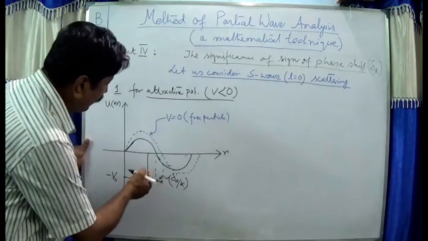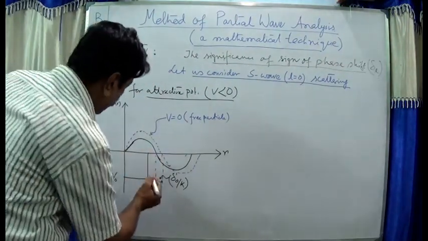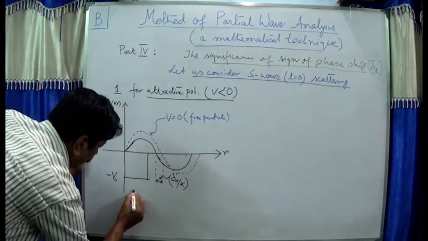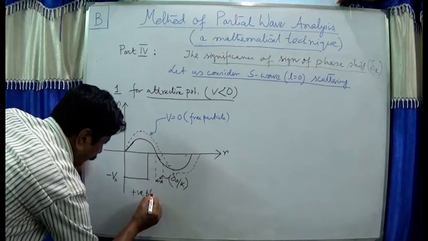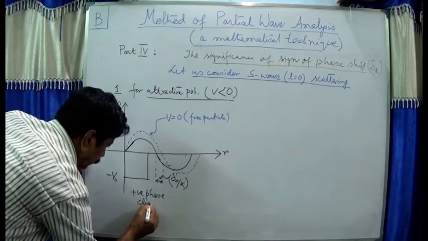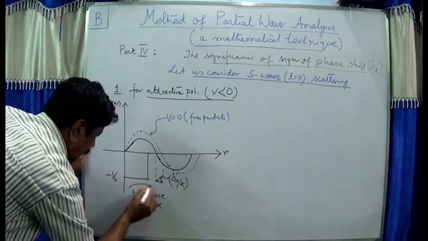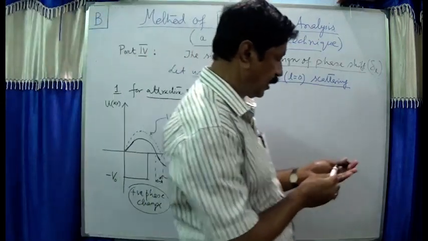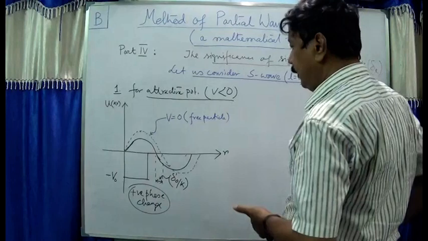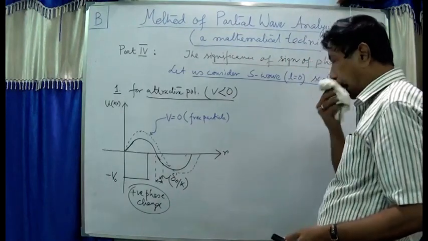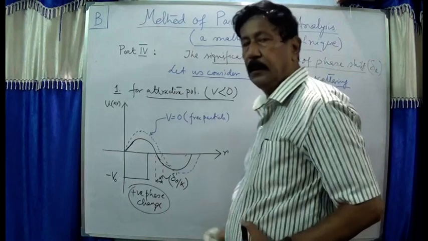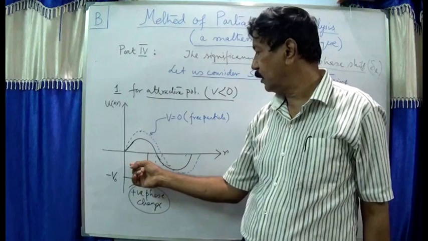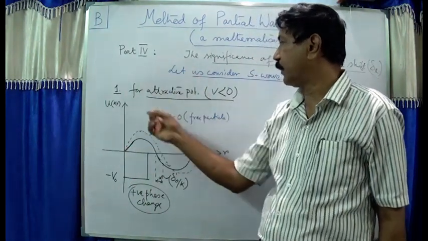So, the change of phase that appears here is a positive change. So, positive phase change occurs. So, if the change of phase appears to be positive in sign, then we can say that the potential is of attractive nature.